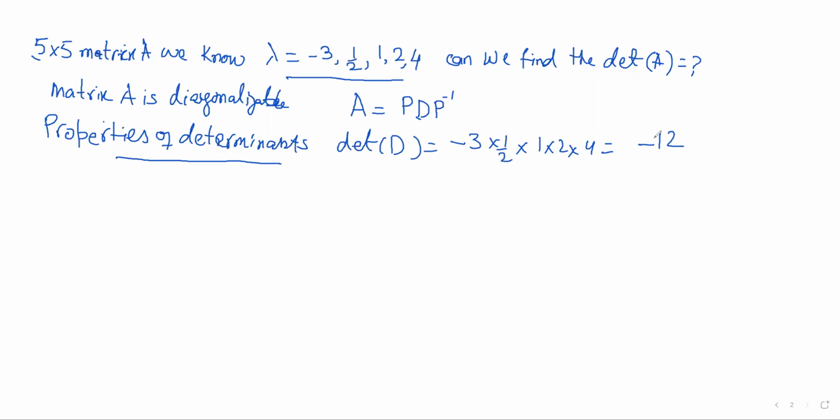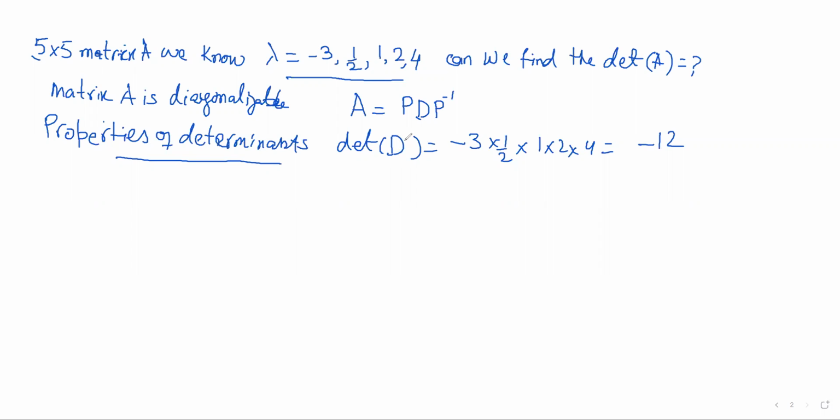So we can find from the properties of the determinant that the determinant of the diagonal matrix D will be minus 12. Because a diagonal matrix is an upper triangular or lower triangular, I mean, it is both upper and lower triangular.